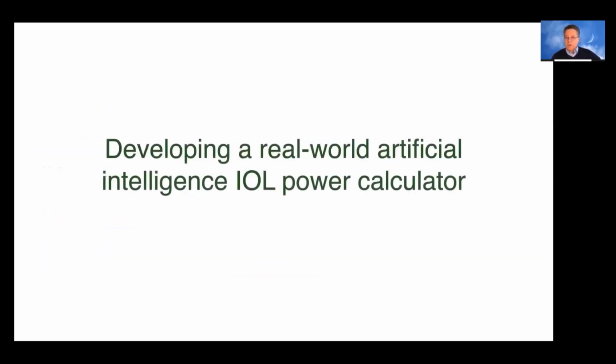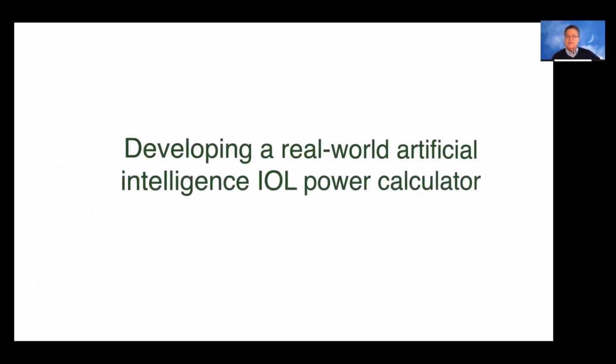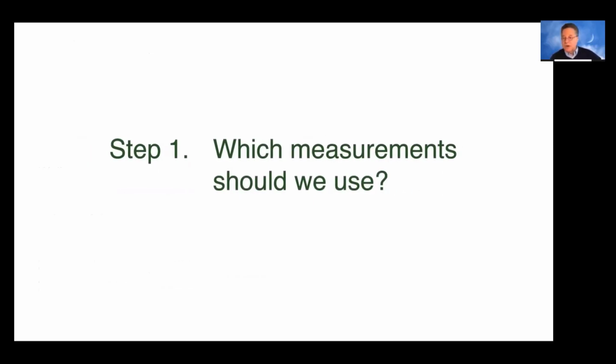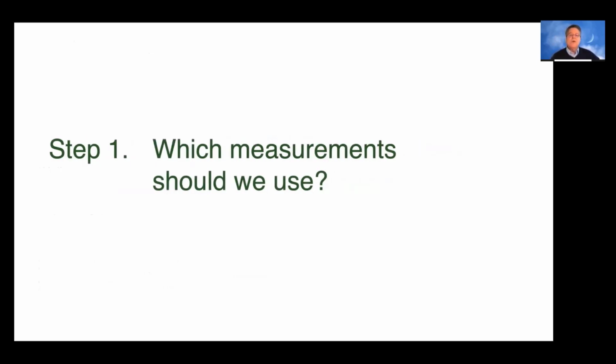So let me walk you through how we develop a real-world artificial intelligence calculator, the steps that are involved, and where this has taken us. So first question is, what measurement should we use? Well, of course, we should probably use the axial length and anterior chamber depth, central corneal power, but are there other things that matter? Are there other relationships of which we may be unaware?